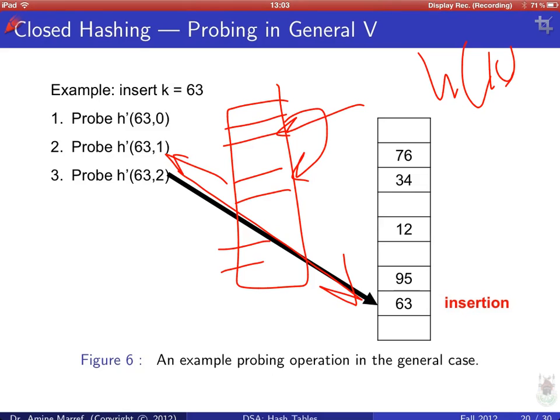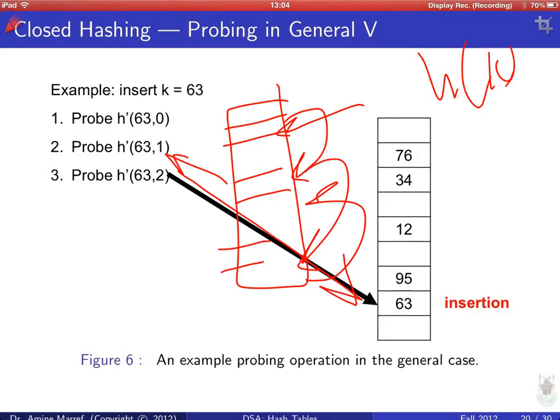If I delete 12, what happens? If after deleting 12, I want to search for 95, I will go here with the hash function, and then with the probing sequence, I'm going to go here, and then there is an empty slot. What does that mean? It means 95 is not in the table, right? But this is wrong, because 95 is actually in the table. So I have broken the probing sequence for the item 95.